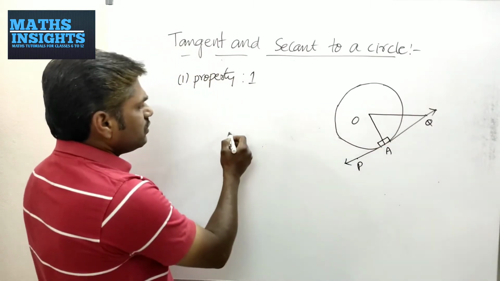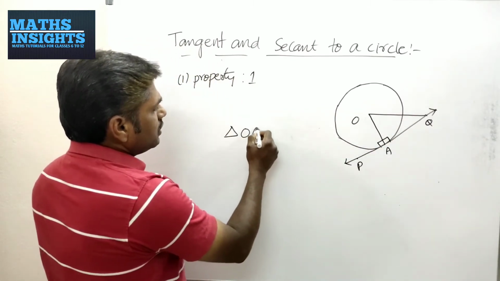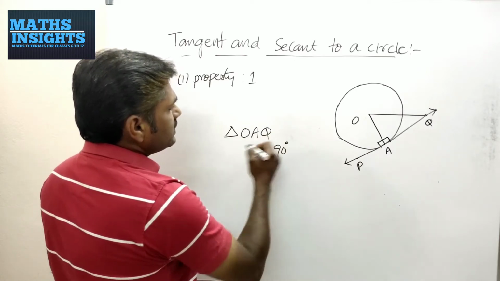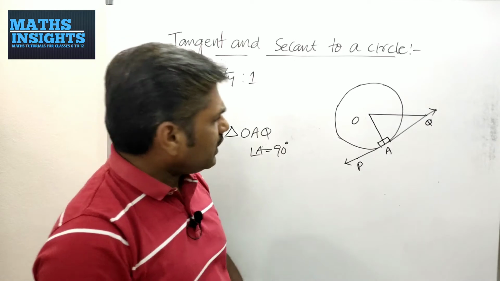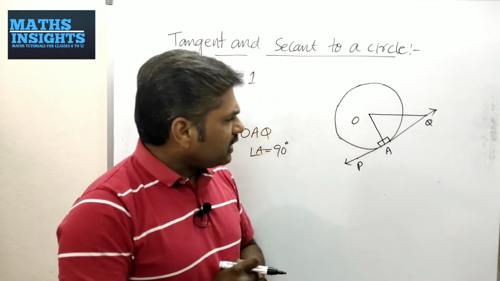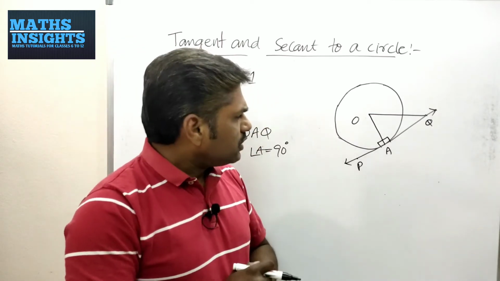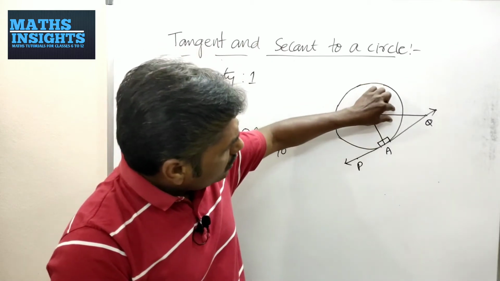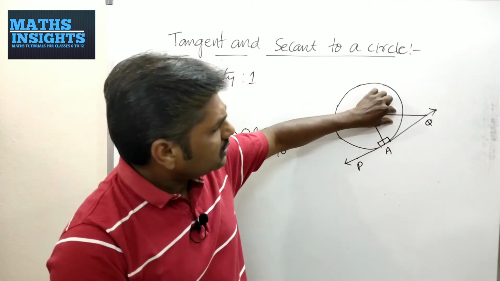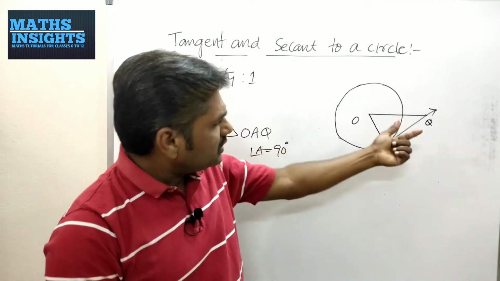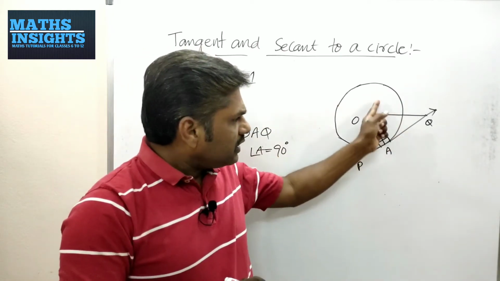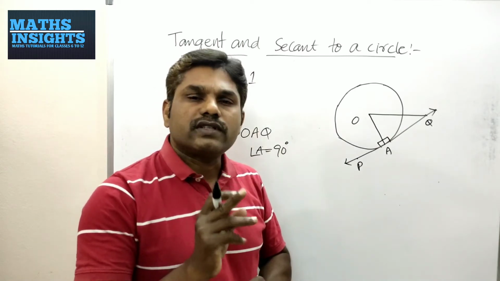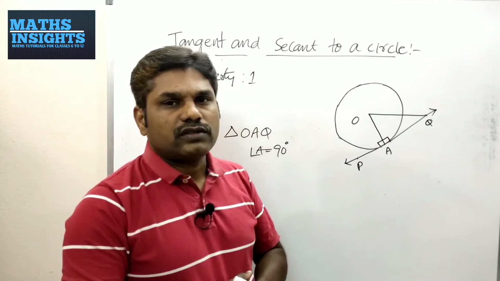In this OAQ, angle A is equal to 90 degrees, then it will become a right angle triangle. By applying Pythagoras theorem, you can find whatever the data you want. Here you have one side and this is the other side, this is the other side. In these 3 sides, if you have data of 2 sides, you can find the third one.